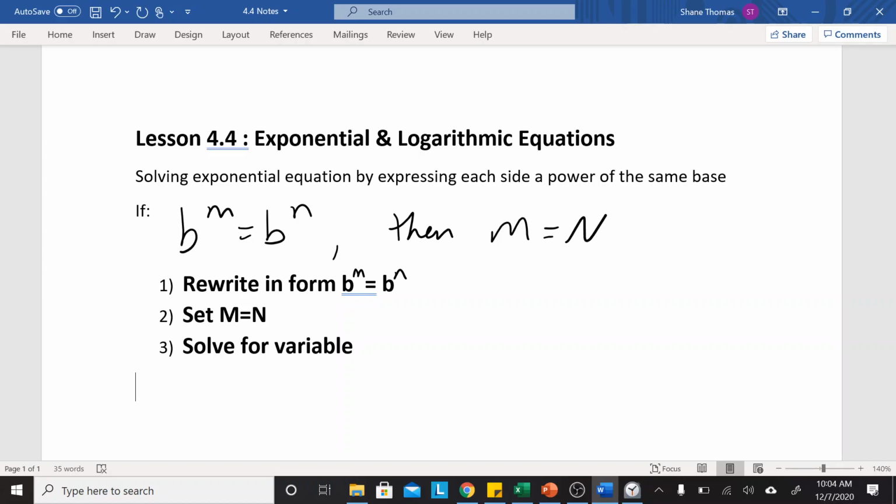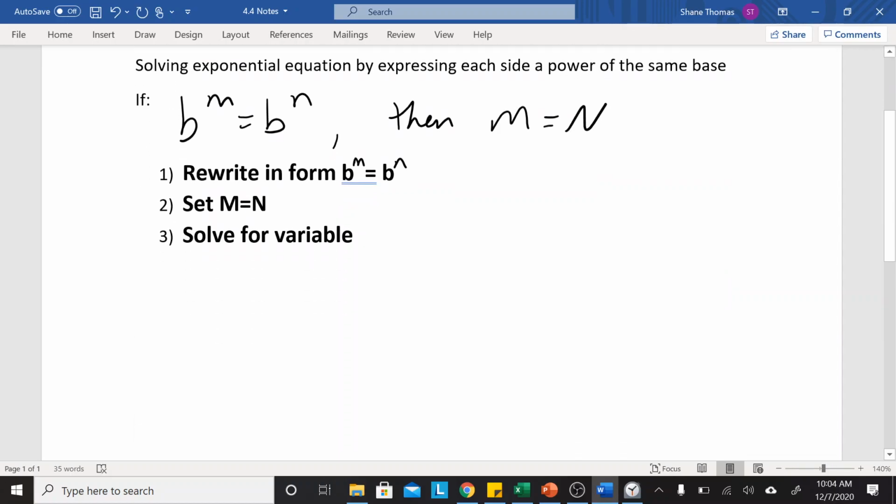All right, so let's look at an example. If I have something that looks like this: 2 to the 3x minus 8 power is equal to 16.